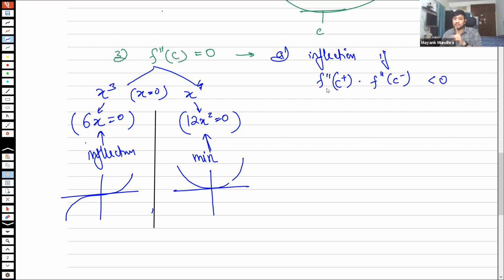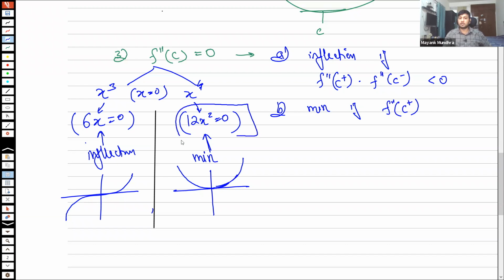Basically, my f double prime should be of different signs on the two sides of point C. It is going to be a minima if f double prime C plus is positive.